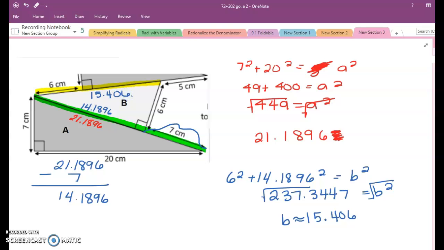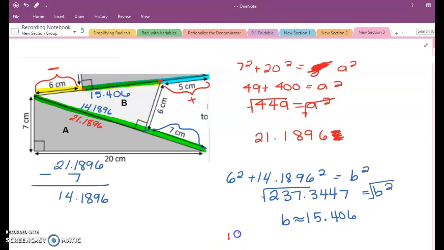So this whole yellow line is 15.406. Okay, now if I were to move up to triangle C, I would need this piece right here. Well, to find this piece, I would take this entire green piece and I could subtract this, to where I just get from here to here, but then I need to add this.